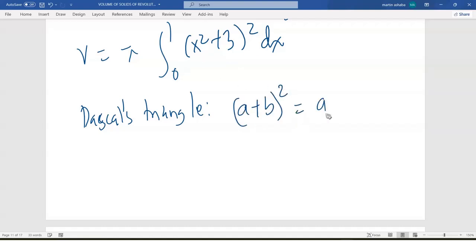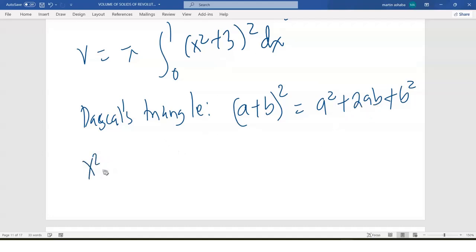So this becomes a squared plus 2ab plus b squared. If it was bigger, for example a power 3 or power 4, you can use Pascal's triangle to get the powers and the coefficients that you need.